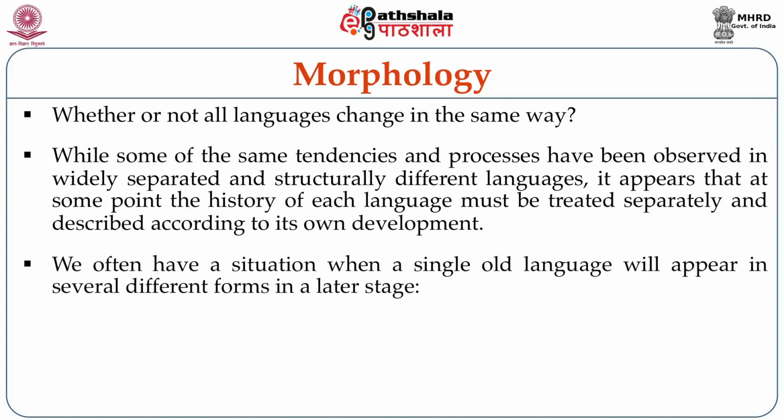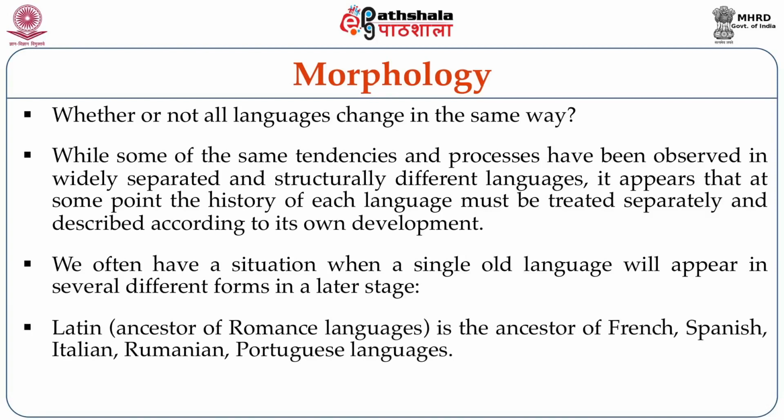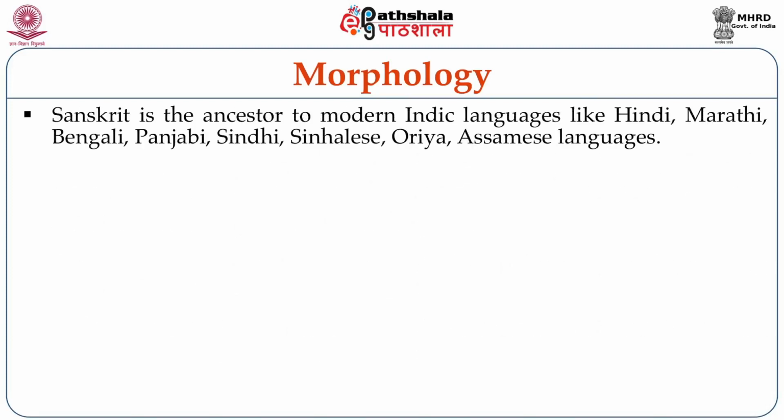We often have a situation when a single parent language will appear in several different forms, that is daughter languages, in a later stage. Latin, for instance, the ancestor of Romance languages, is the ancestor of French, Spanish, Italian, Romanian, Portuguese languages.